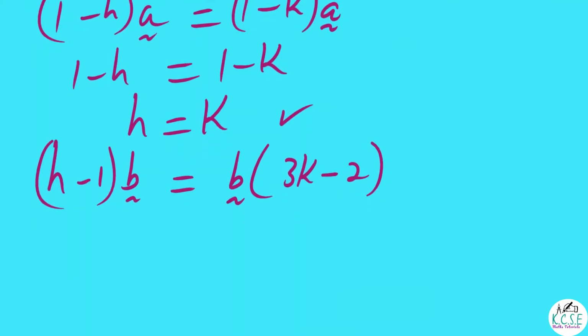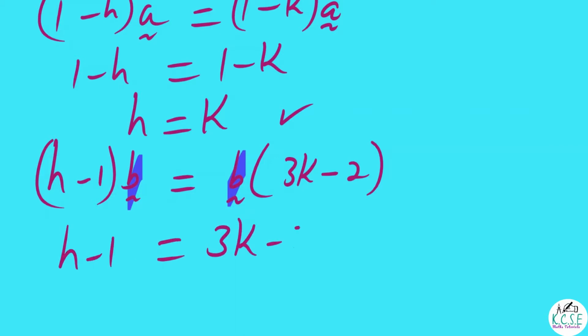Now dividing both sides by vector B, B will disappear, we remain with H minus 1 is equals to 3K minus 2.